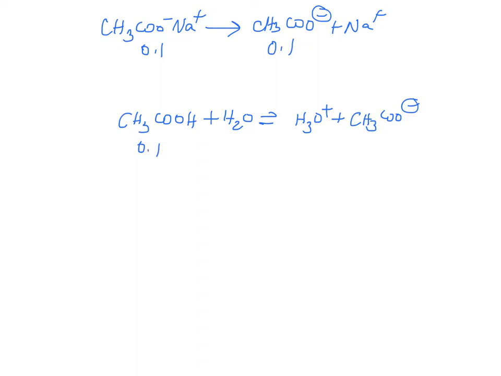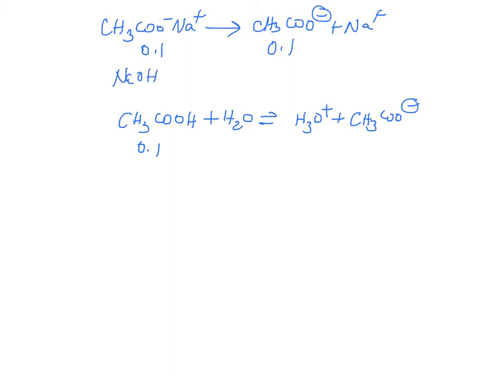And of course, we are going to use the remainder from what's going on in that solution. We are saying that we have added a tad bit, a little bit of solid sodium hydroxide to this buffer. The amount that we added was 0.01. What does sodium hydroxide do in water?